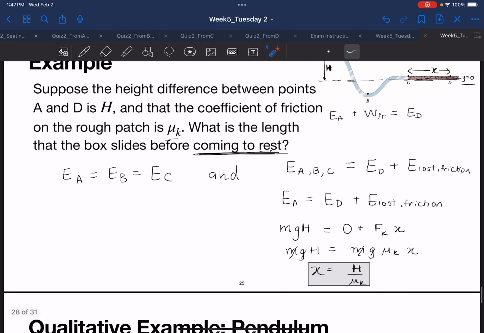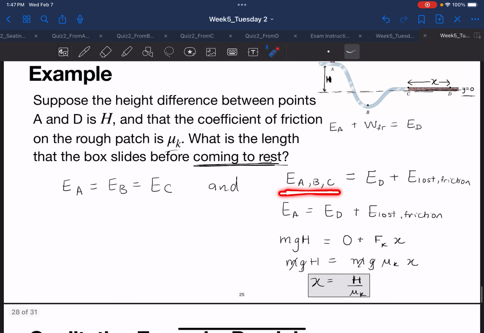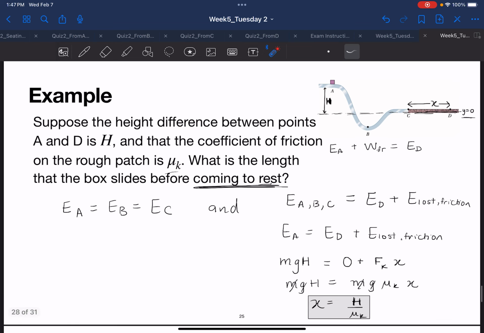Okay, so I'm allowed to choose whichever energy I want to write down. If I want to write down the energy at B instead, the only thing is it's a bit inconvenient to compare the last point to point B because we actually don't know what this height is.